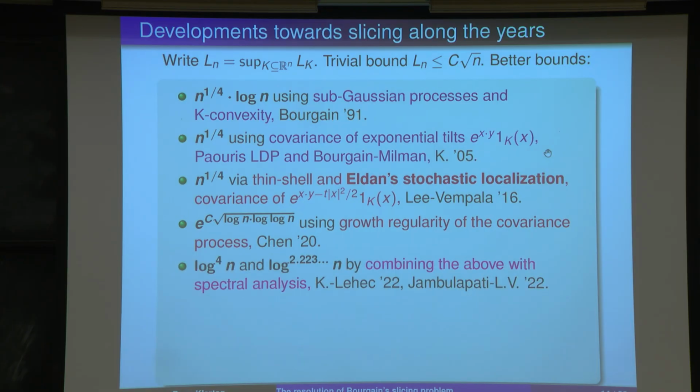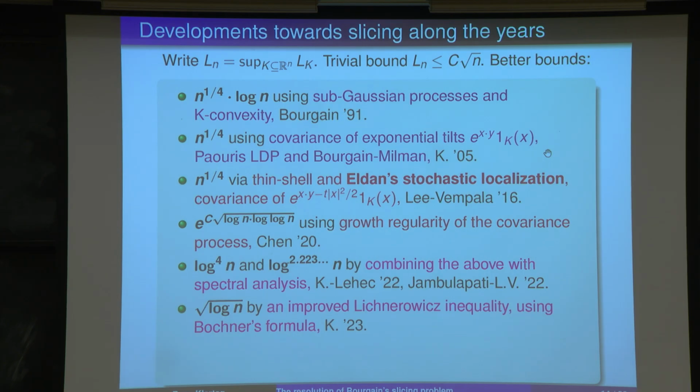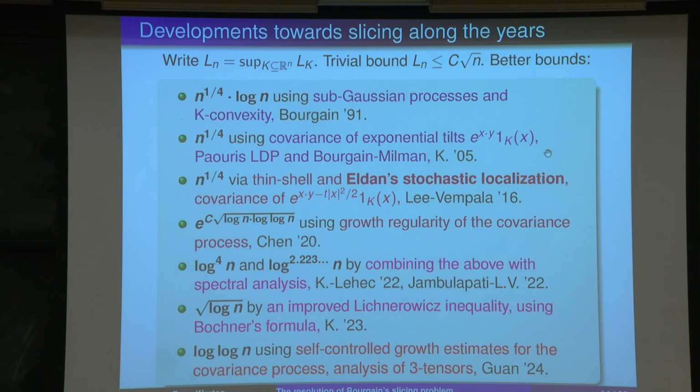With Joseph Lehec, we got log to the 4, and then Klartag and Lehec got another log. Then in 2023, we were able to avoid using Chen's regularity estimate and replace it by some Bochner formula and some functional inequality and get root log n. But then in 2024, Qingyang Guan brought back the Chen approach of self-controlled estimate of the covariance process, analysis of the third tensor, and got log n.